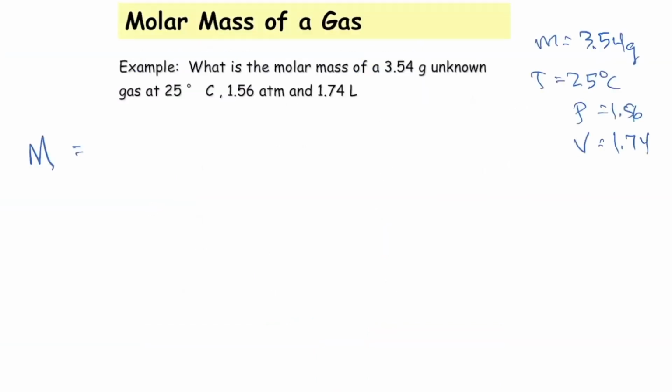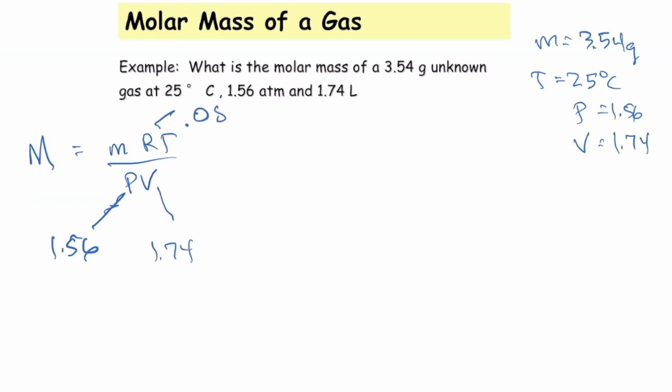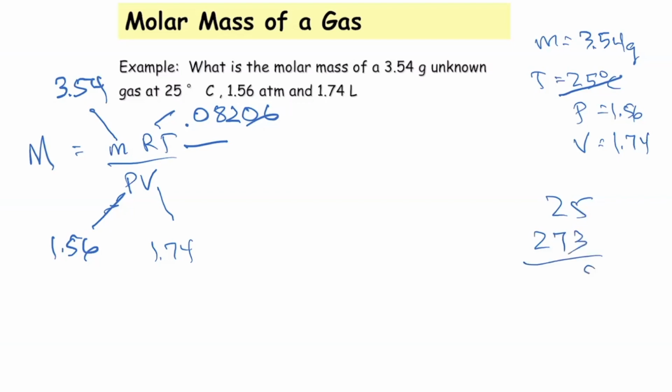So the pressure is 1.56, the volume is 1.74, R is 0.08206, mass is 3.54, and the temperature is 298. Plug that in, and you get the molar mass of the gas.